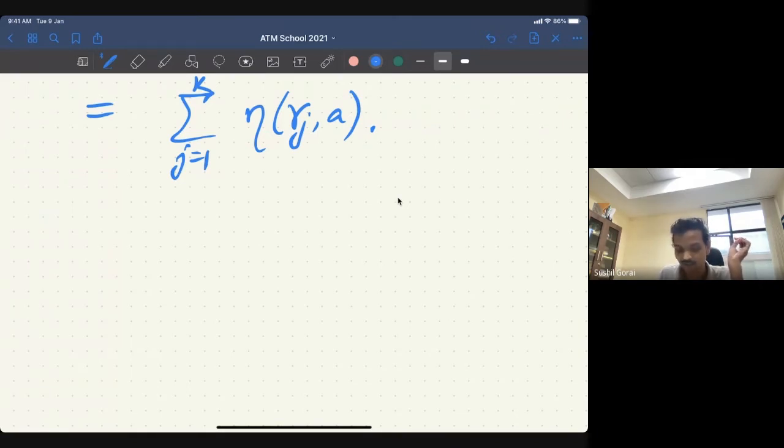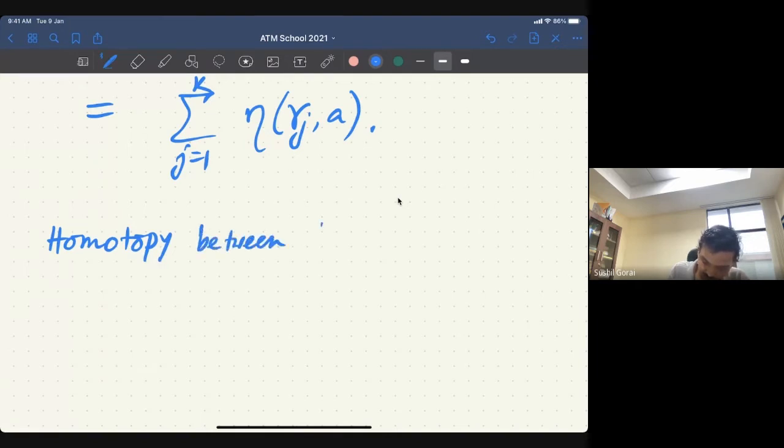You can think of a chain as a single curve, and then we can do this. So what I want here is, suppose, homotopy between two curves.